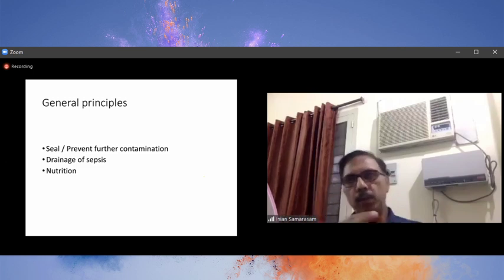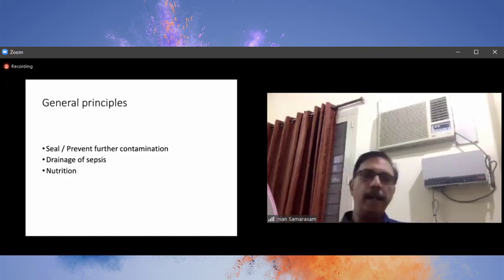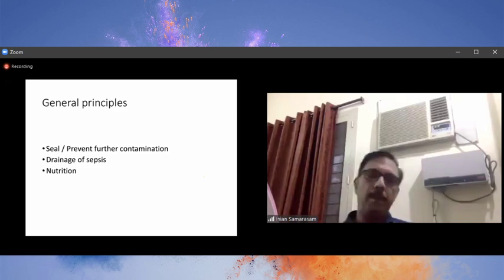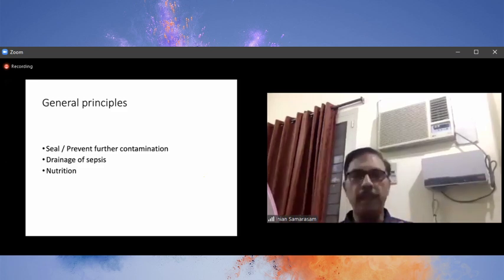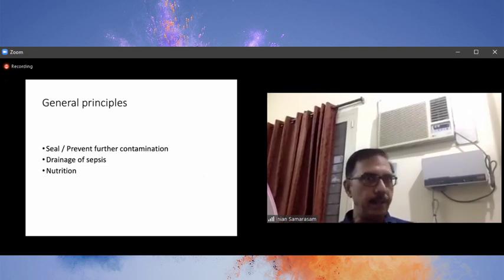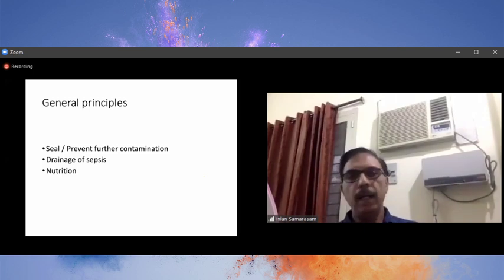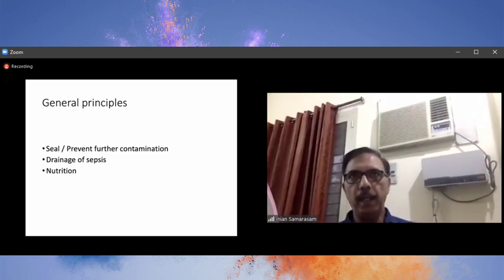Secondly, you need to drain the sepsis effectively. If there is a collection, it needs to be drained. And third, perhaps sometimes forgotten, but a very important thing, is the nutrition of the patient, because without adequate nutrition, the patient is not going to do well.